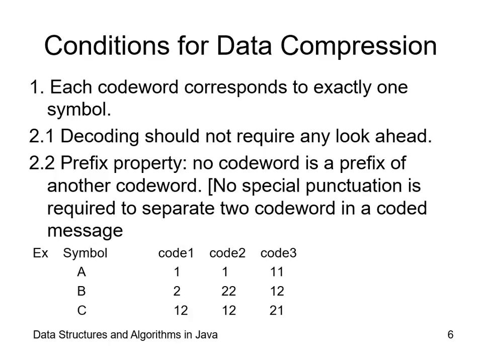C, A, 1, 1, B. Agree? It is CAB in code 1. It is CAB in code 2. CAB in code 3. Okay?